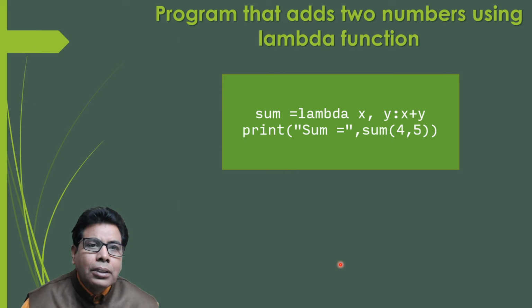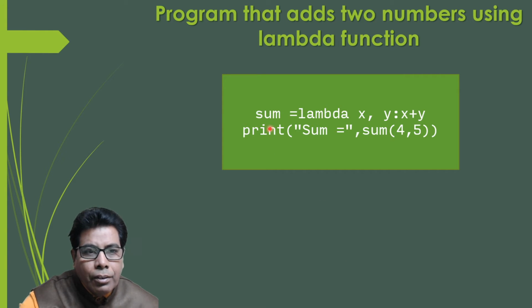Then let us go to the examples. Program that adds two numbers using lambda function. So here a lambda function is assigned to the sum variable. So sum is equal to lambda, then x and y, these are the arguments, then colon and x plus y, this is the expression.